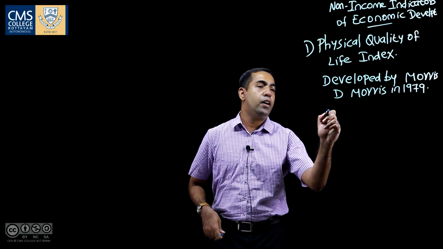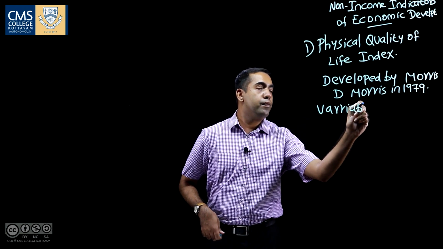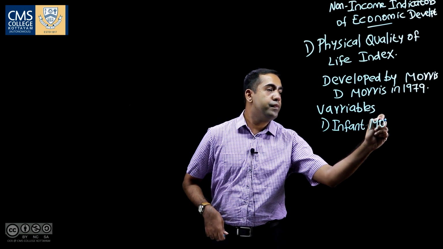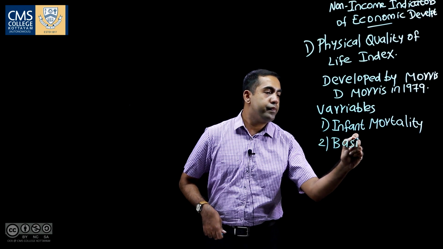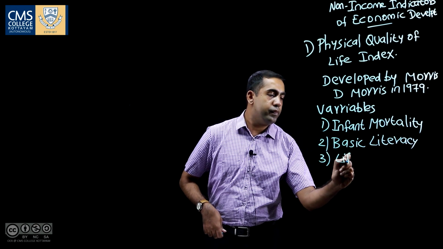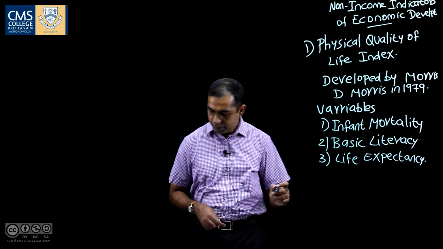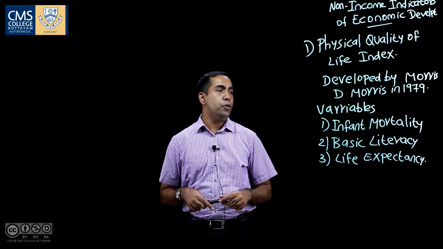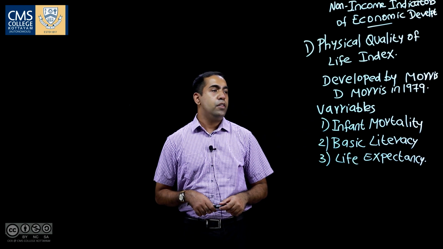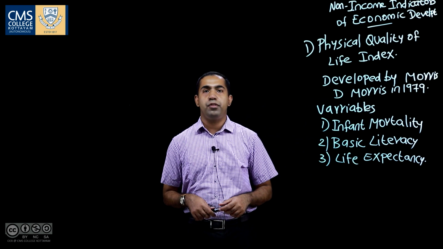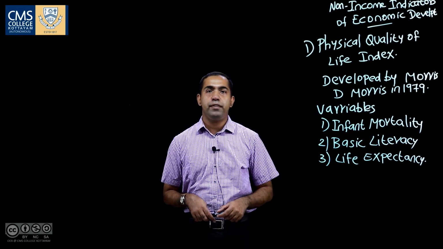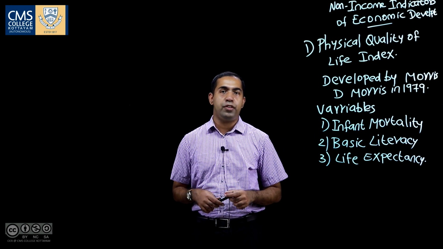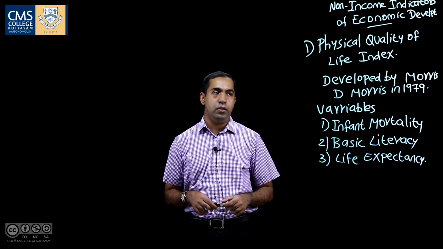So, the three variables are, let's have a look at the variables. The first one is infant mortality. So, what is infant mortality? That is the death of a child before age 1.